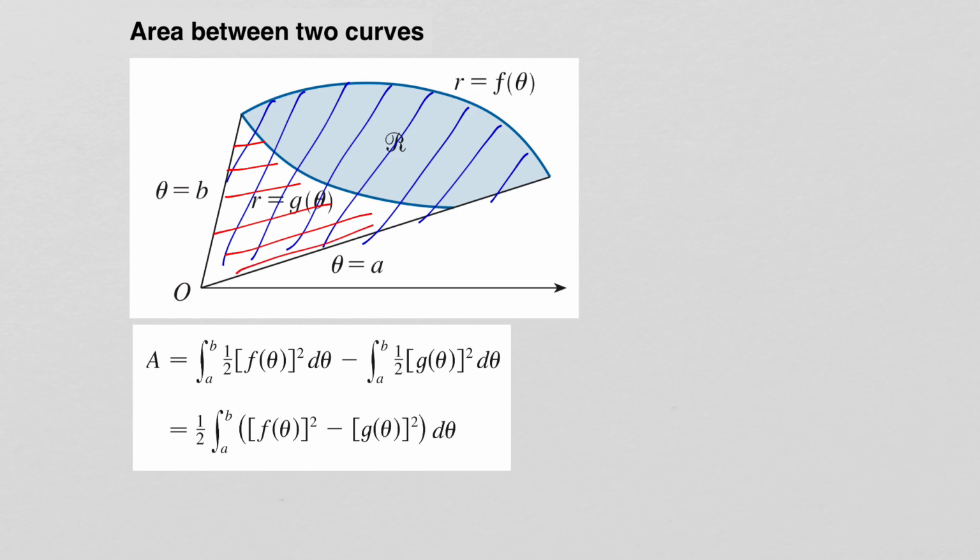And if we subtract those two areas, we will get the area between the two. So the way we find the area between two curves is we take the area inside of the first curve minus the area inside of the second curve, and we can put these together into the following formula. So just understand that f of theta is the outside curve and g of theta is the inside curve.